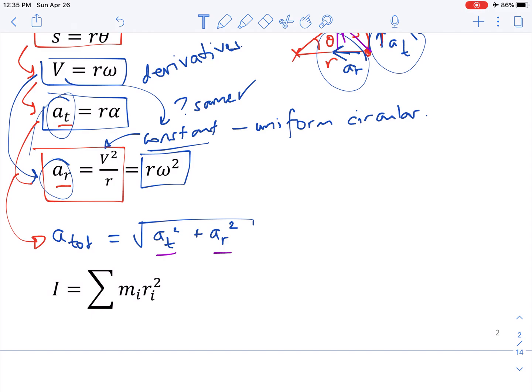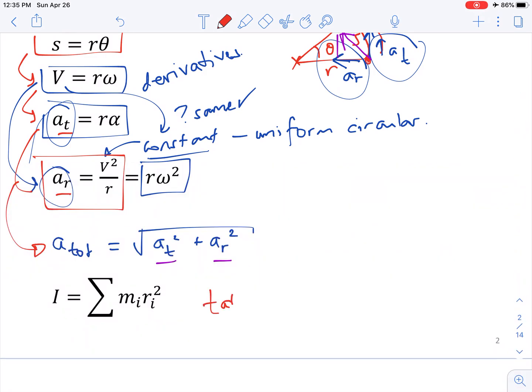Okay, so this is the way you do it if it is a point mass, and then we talked about if it is a distributed mass, if you know the shape and you know the rotation axis it fits, or you can use the parallel axis theorem, then you can just use table 10.2.